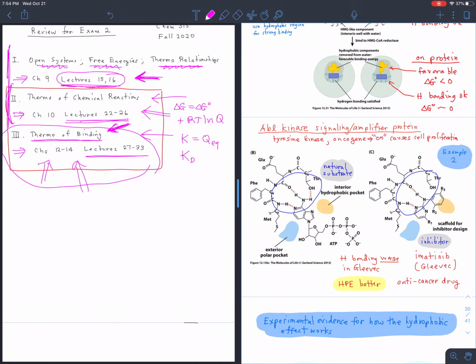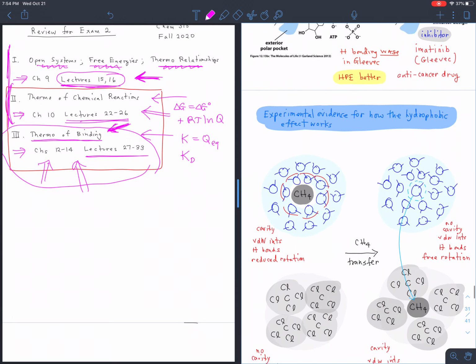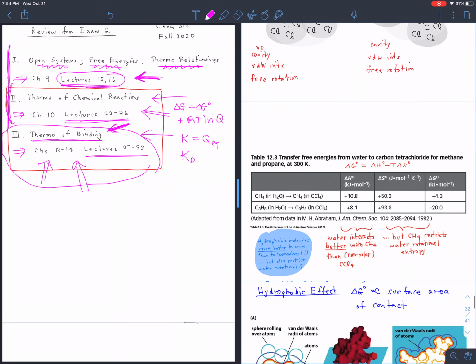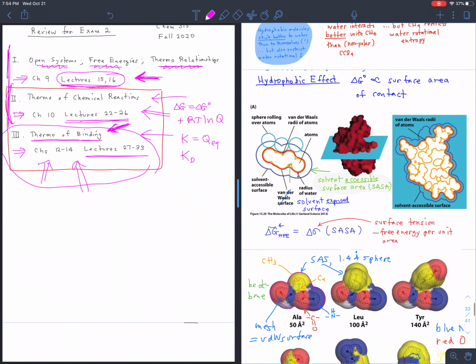And again, that's the primary driving force for an awful lot of biology: the DNA molecule, most protein folding, and even more so the formation of lipid bilayers. A lot of biology is due to the hydrophobic effect.